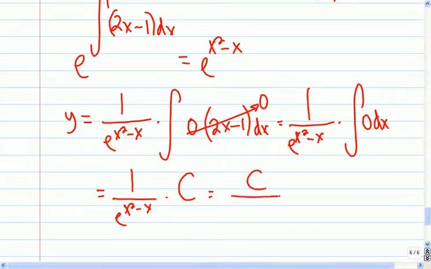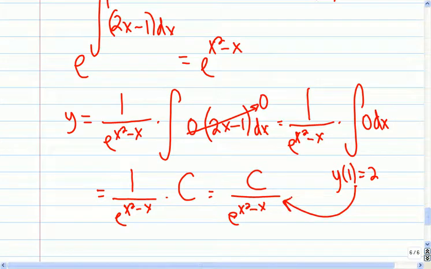So we need to use the initial condition, which says y of 1 equals 2. So I'm going to put that value into my general solution and find out what the particular one is.